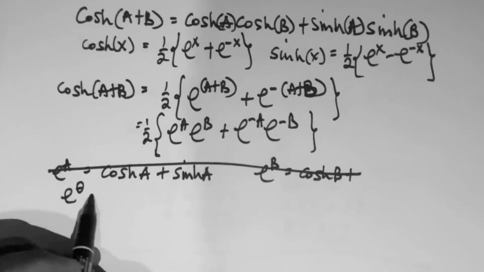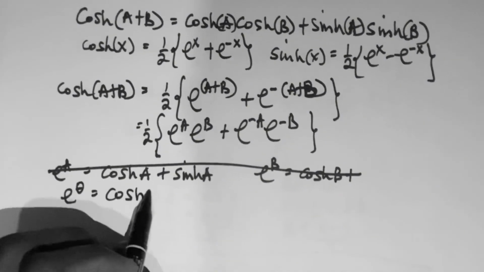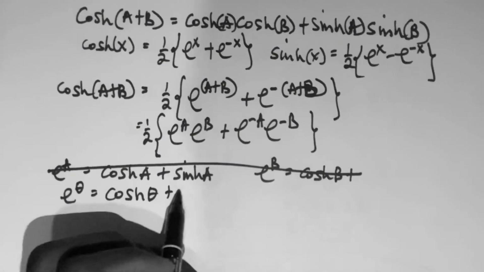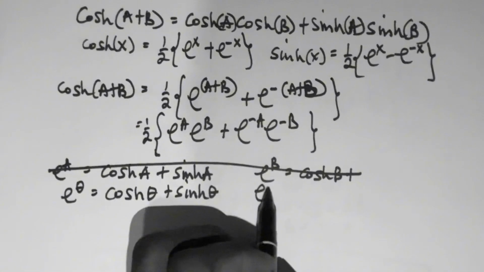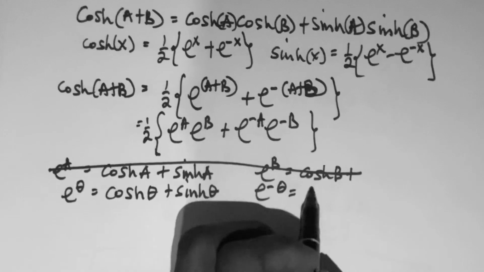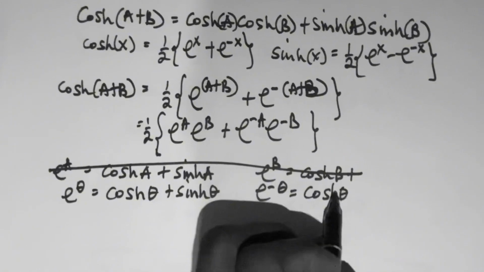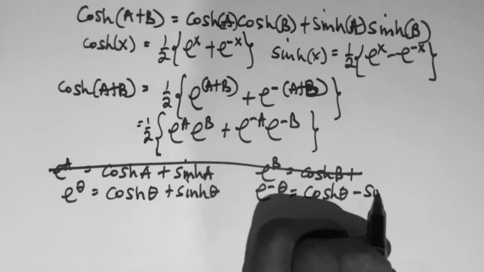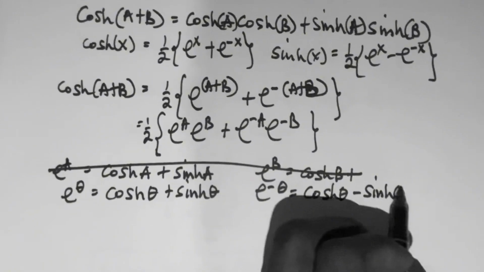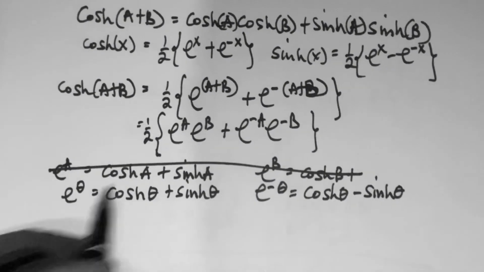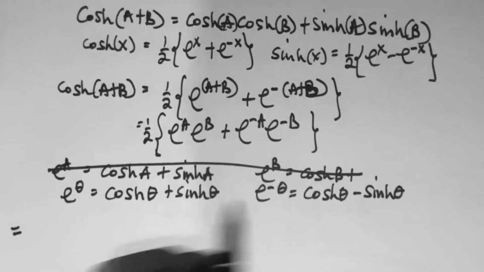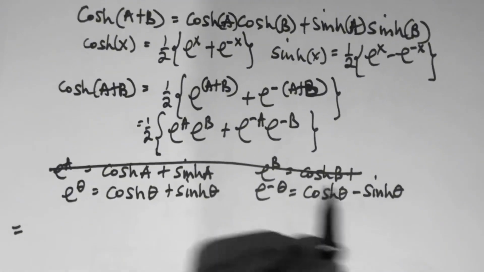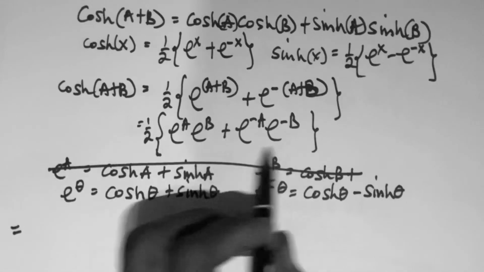Exponent theta equals cosh theta plus sinh theta, and then exponent minus theta is equal to cosh theta minus sinh theta.